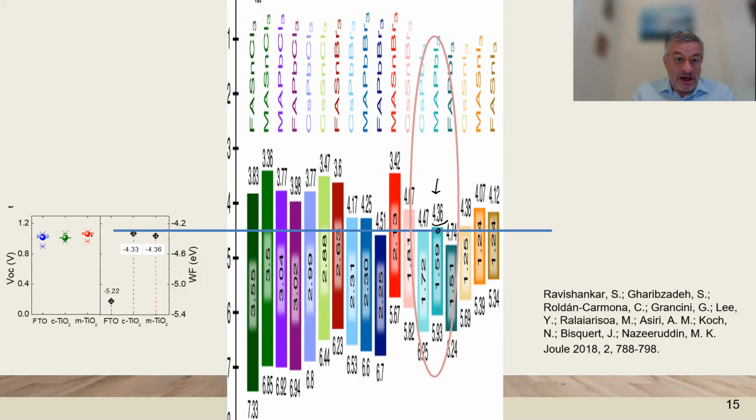And we get a good photovoltage of about 1 volt. But a solar cell is also made with FTO that is much deeper, almost 1 volt deeper. And it turns out that the FTO can also equilibrate the Fermi level of electrons up here and provide also a good photovoltage.